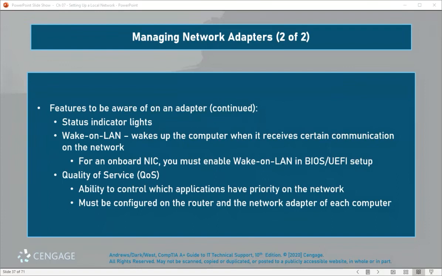Quality of service, or QoS. This is something that is much more common in modern devices, modern routers, if you will. This is going to control application priority on the network. So let's say that you have 5 or 6 different applications all doing different things that have network connectivity. But there's one, very much like this whole virtual classroom thing that we're doing right now, that needs priority.